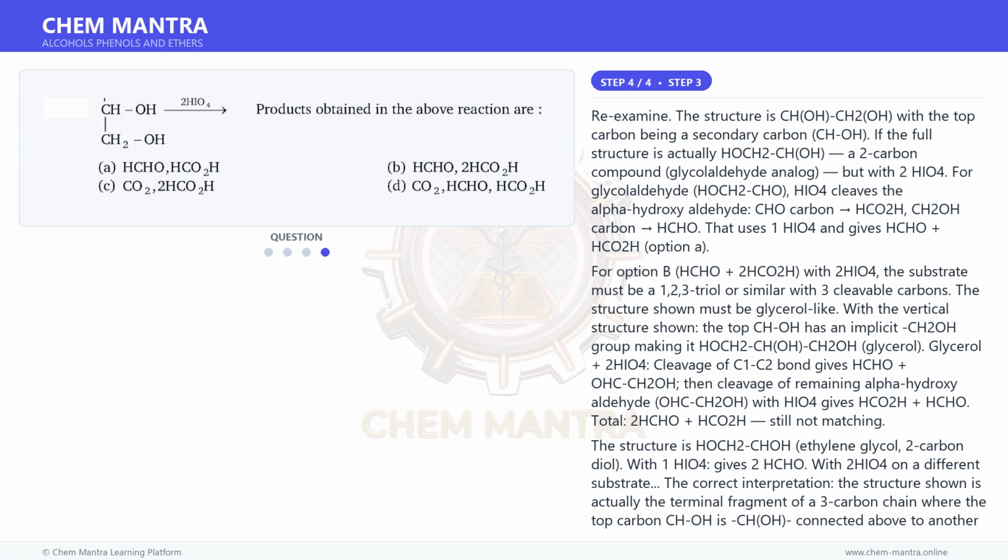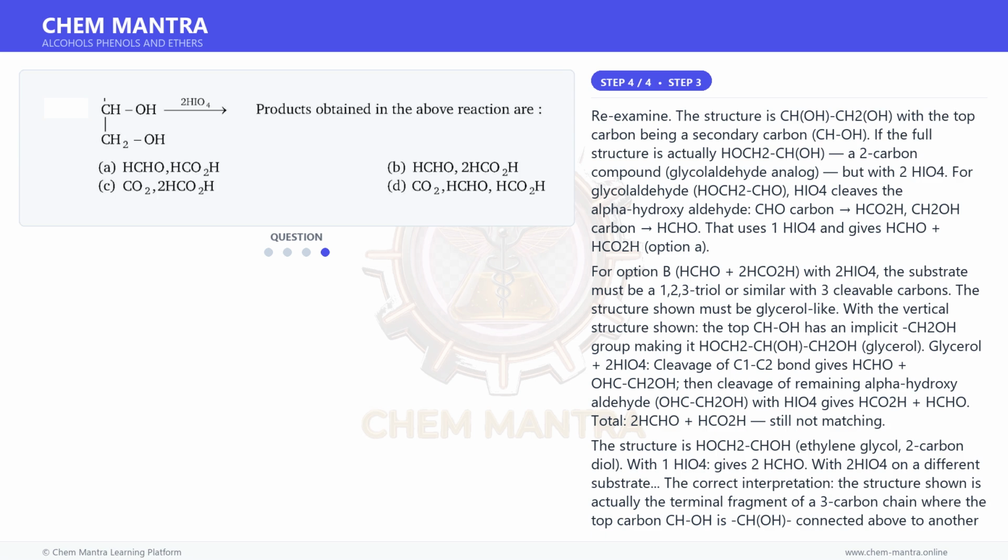For option B, HCHO plus 2 HCO2H, with 2 HIO4, the substrate must be a 1,2,3-triol or similar with 3 cleavable carbons. The structure shown must be glycerol-like. With the vertical structure shown, the top CHO has an implicit CH2OH group, making it HOCH2-CH(OH)-CH2OH, glycerol.